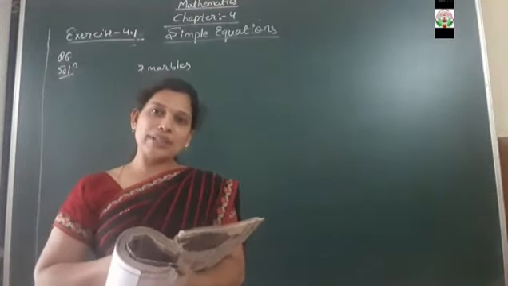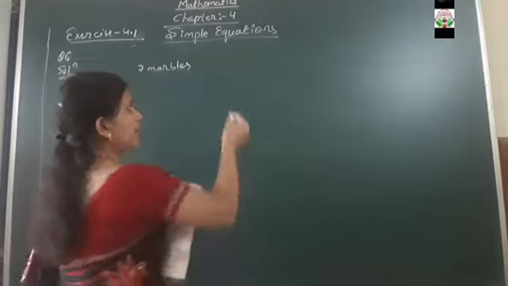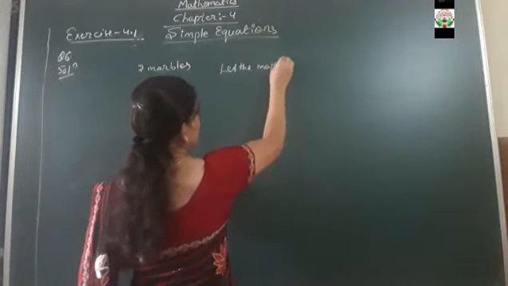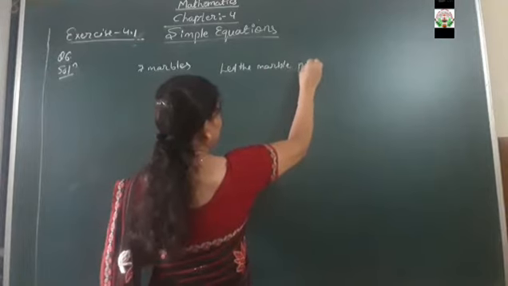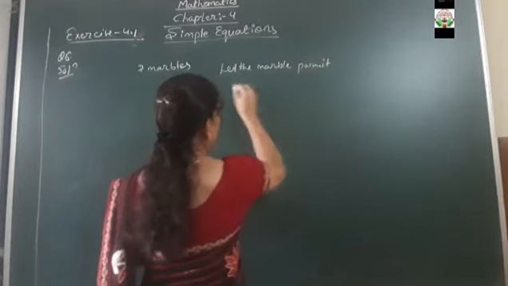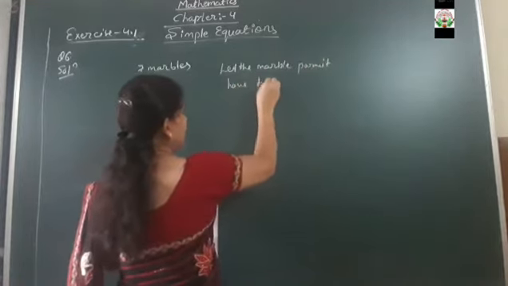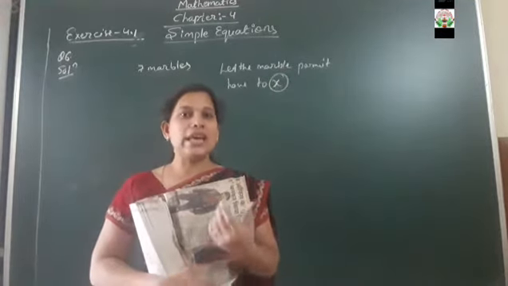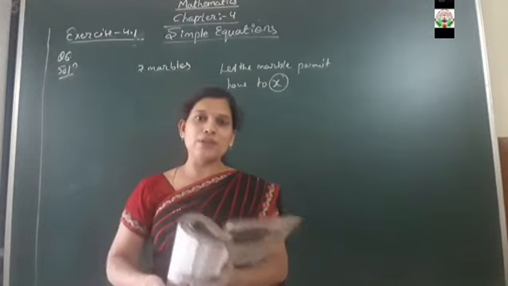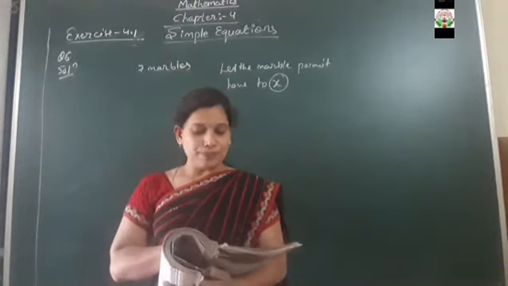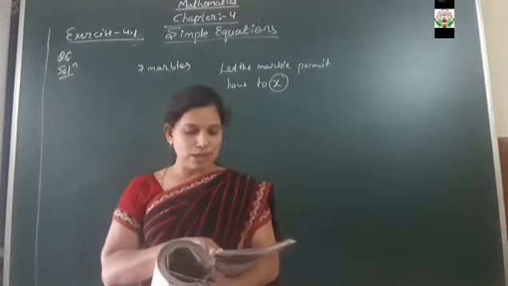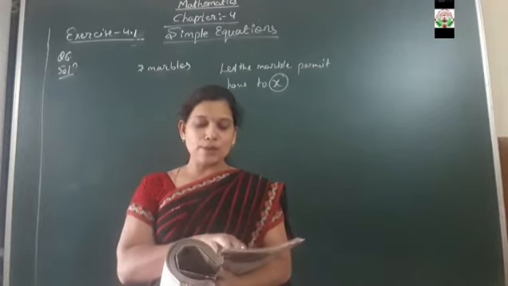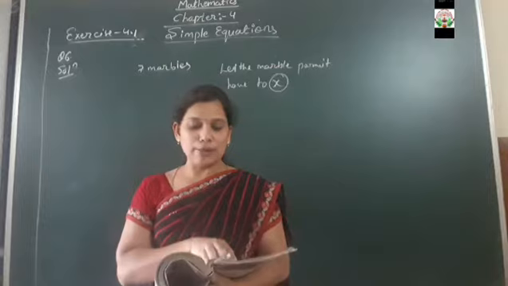So how many marbles might Parmeet have? Let the marbles Parmeet has be x. In place of x you can consider m, v, any alphabet. Okay, so if Parmeet has x marbles, then Irfan has 7 marbles more than 5 times the marbles Parmeet has.